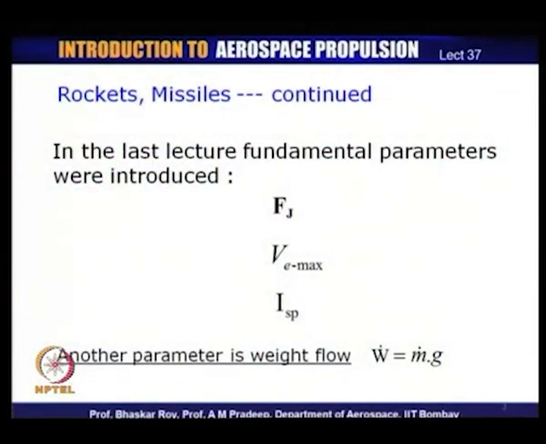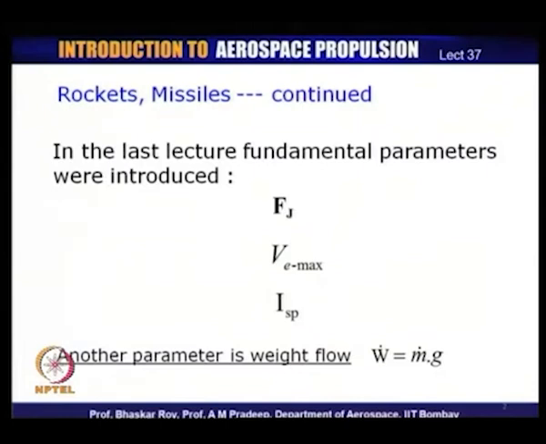In the last lecture, the fundamental parameters that have been introduced are the thrust, the jet thrust that is created, F_j, the exhaust velocity, and in the process we also introduced the maximum exhaust velocity that is possible in vacuum, when the rocket operates in a vacuum atmosphere, which means there is no atmosphere, and the fundamental parameter Isp, which is called specific impulse.